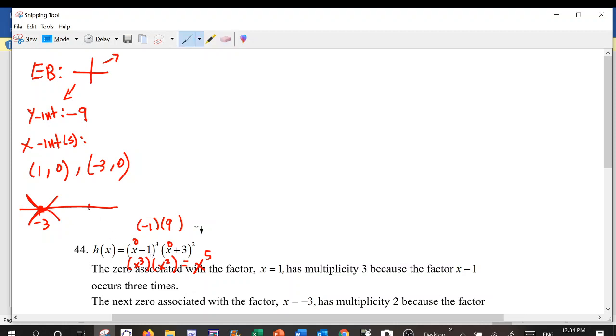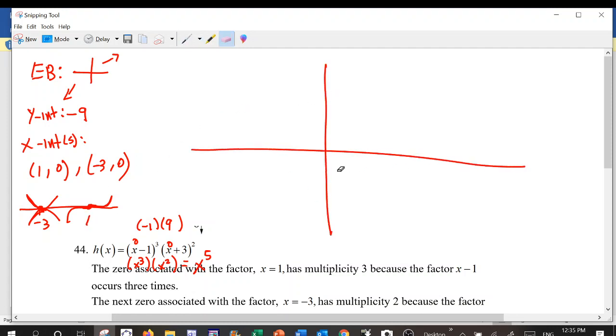And at 1, since this is to the third, it gets close here and crosses and comes back and gets out and then stays close, kind of like that. Not with that much exaggeration, but it flattens a little bit.